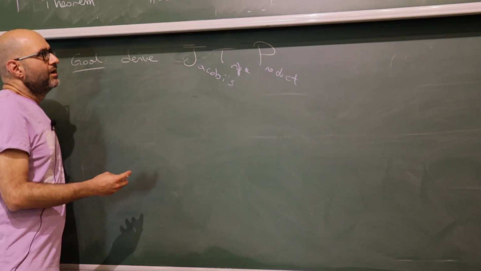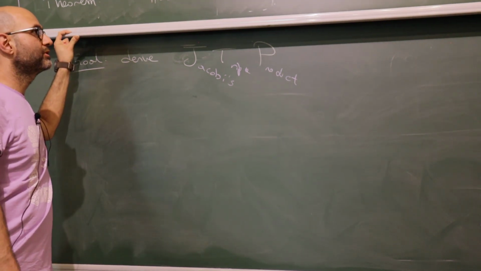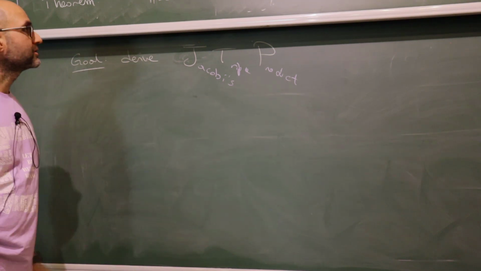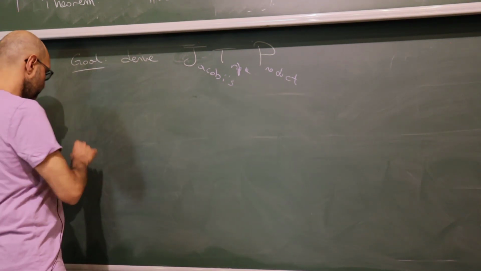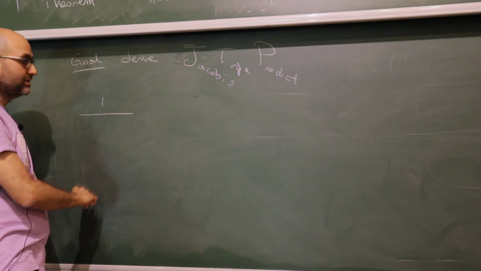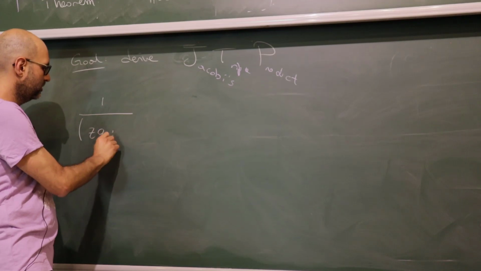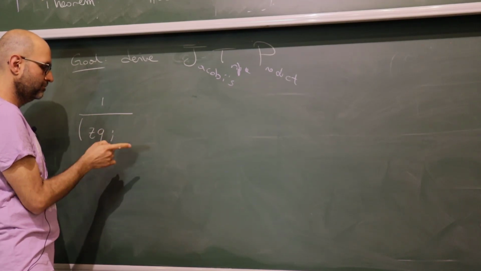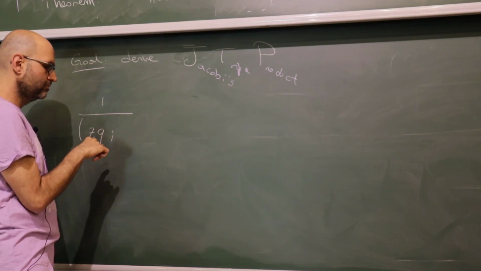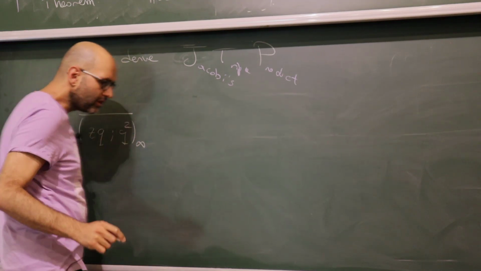Anyway, now we will take the q-binomial theorem. This time we will replace the base with something else. So using the q-binomial theorem, let's expand 1 over (zq; q^2) infinity.